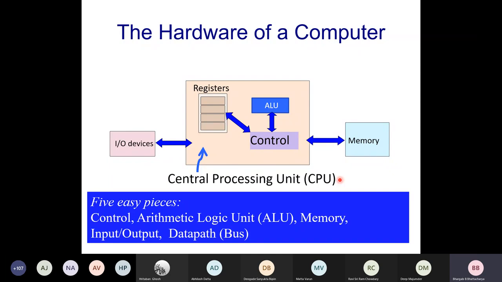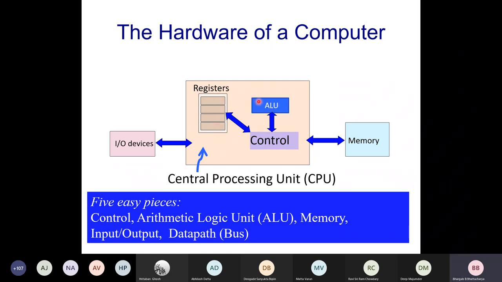So this is called the central processing unit, or the processor. In the processor, what would you have? You have a controller, first of all, which will take care of the sequencing. You need registers that would hold the intermediate data.